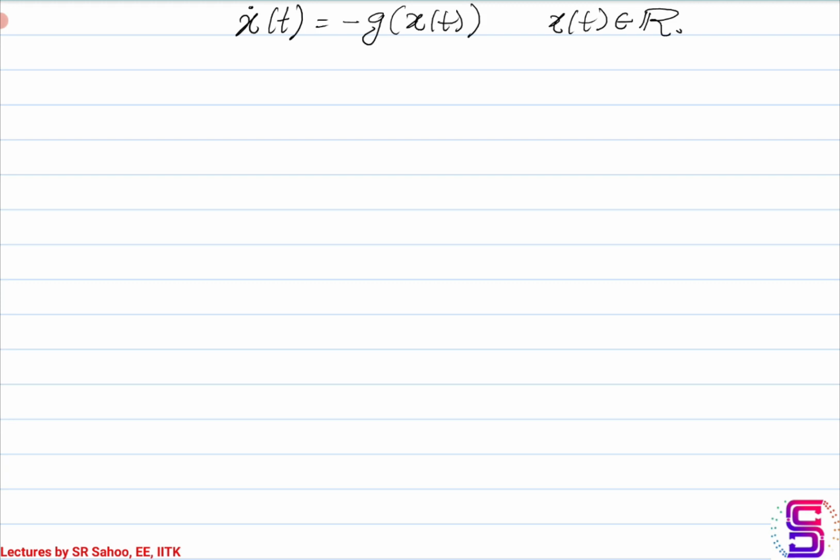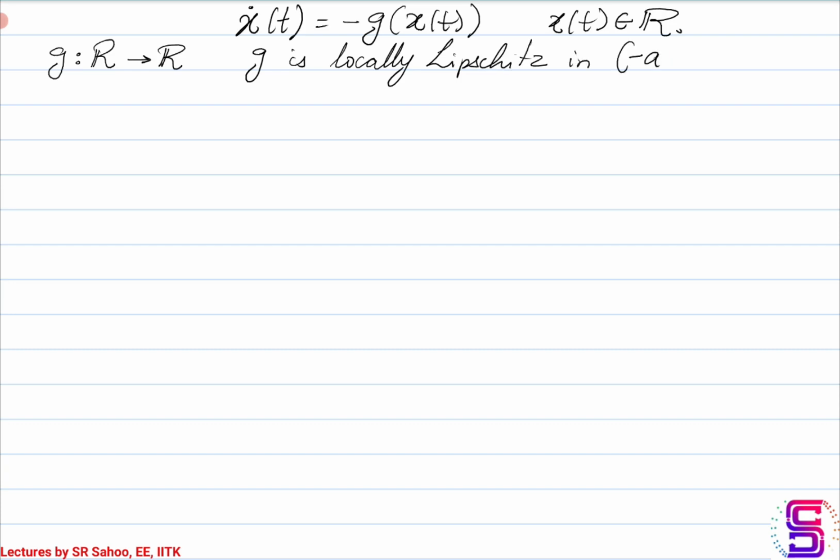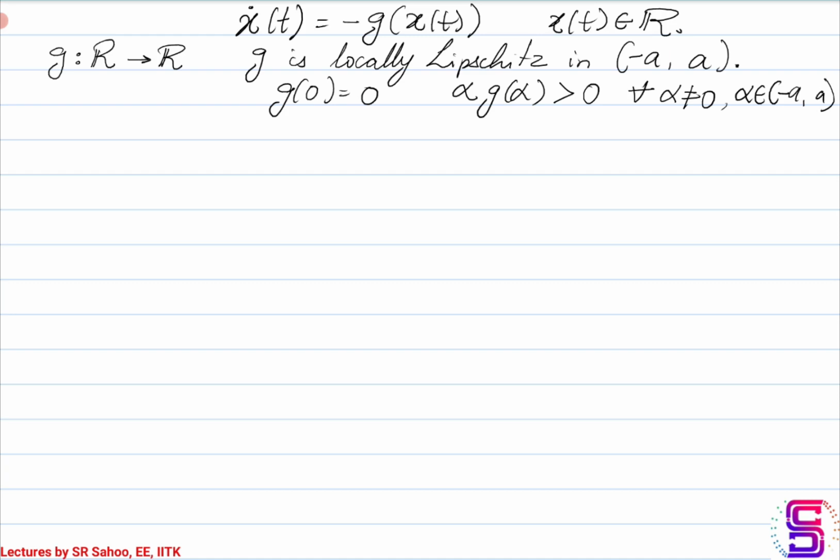We are taking a scalar system, so G is something that maps from R to R. G is locally Lipschitz in the set minus A to plus A. G at 0 is 0, and alpha G of alpha is greater than 0 for all alpha not equal to 0 and alpha lying in the set minus A to plus A.